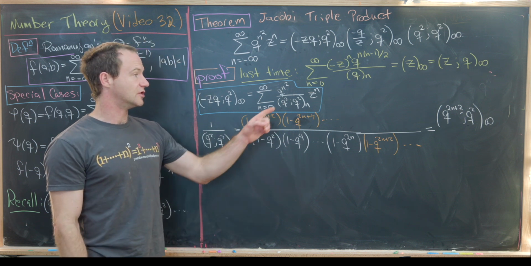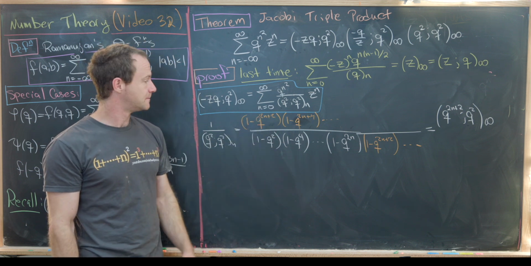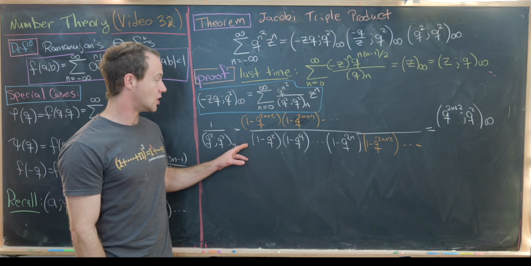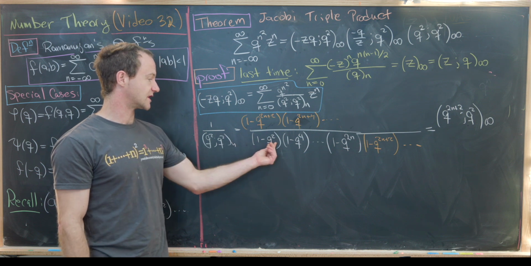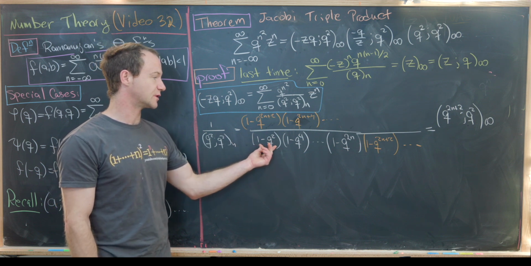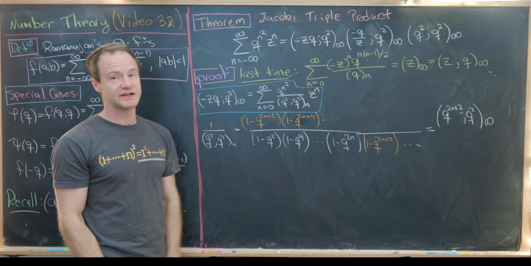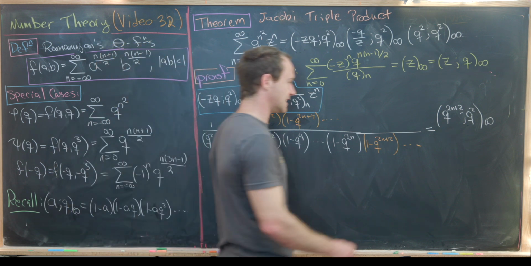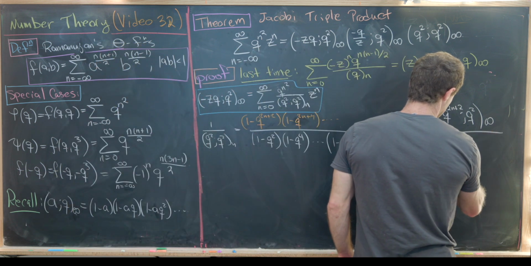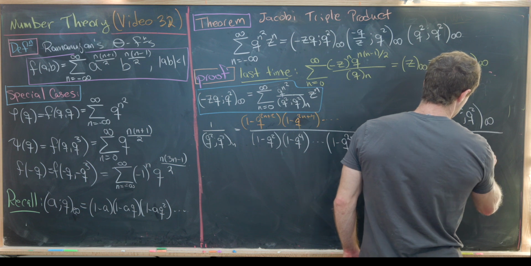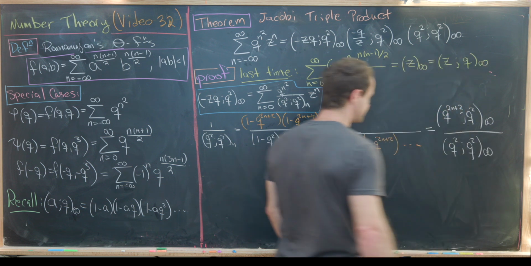So that's the numerator. Notice it depends on n. But our denominator will no longer depend on n. Notice our starting term is 1 minus q squared, and then our common ratio type thing will be q squared again. So that means our denominator is this (q squared; q squared)_infinity.